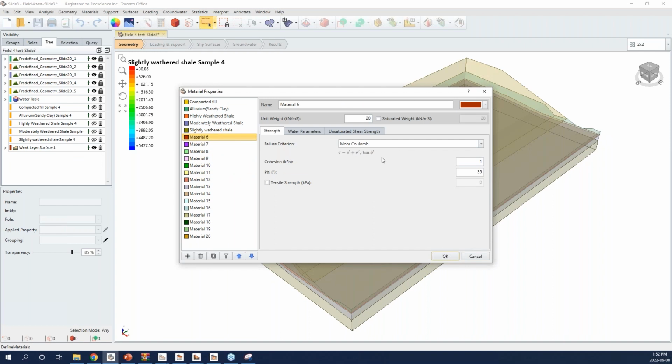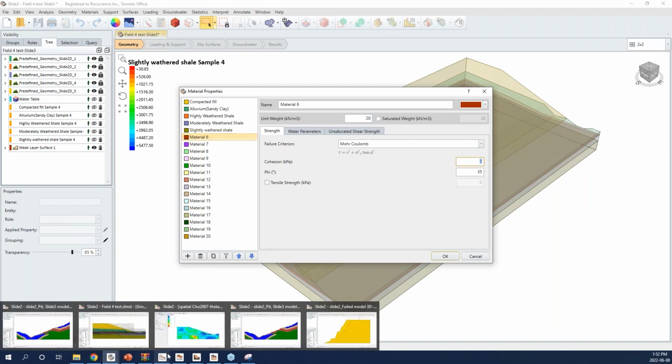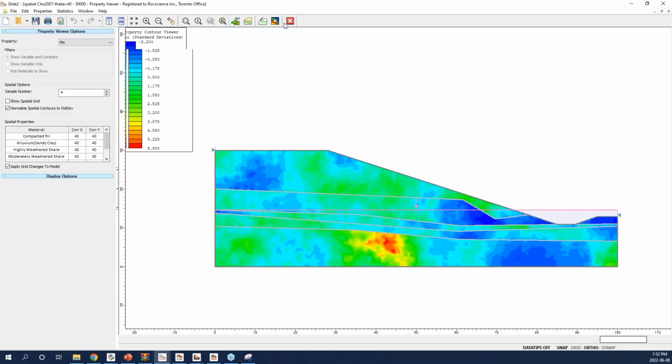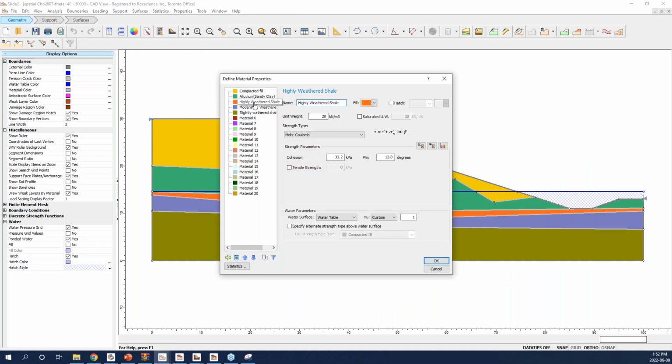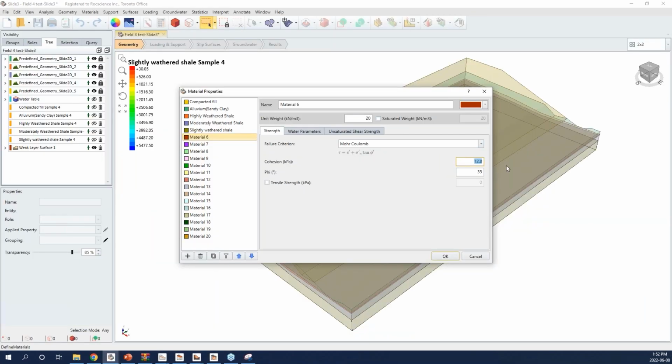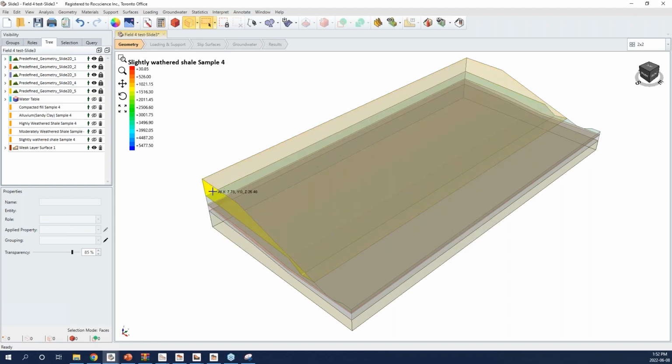And for material 6, I will use the properties that I had in the original model as the mean parameters for this layer. So basically, when you do a probabilistic analysis, you still have these mean values. So 33.2 and 12.8. Cohesion was 33.2 and friction angle 12.8. And this is going to be my weak layer.